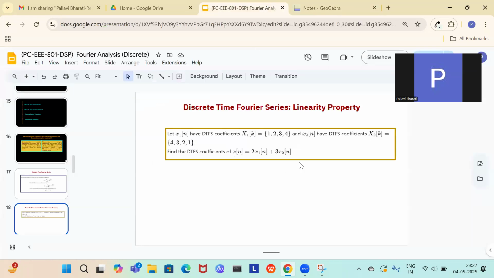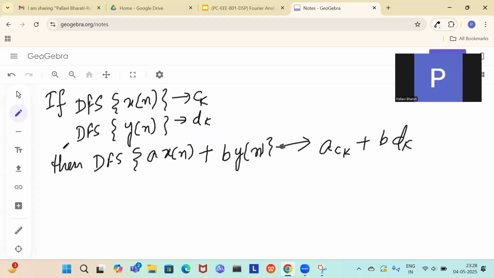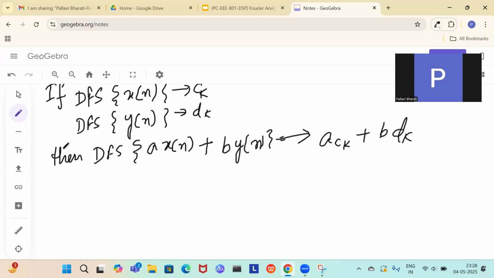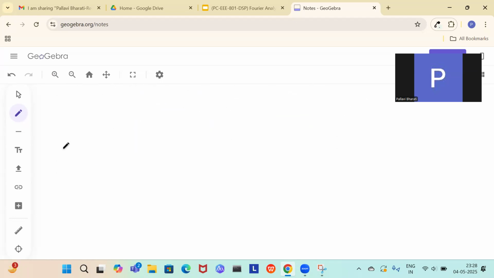Now let's go ahead and see one of the questions. The question is, the discrete Fourier series of x1 of n is X1 of k, given as 1, 2, 3, 4, and for x2 of n it is 4, 3, 2, 1. What we have to find out is the discrete Fourier series of 2 x1 of n plus 3 x2 of n. So you have two signals.